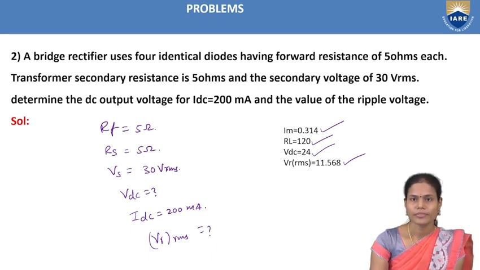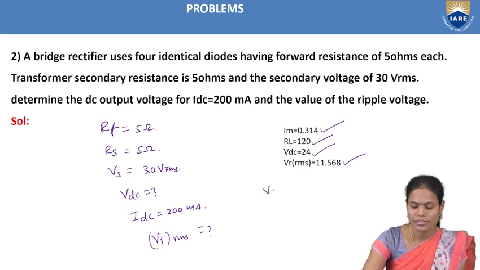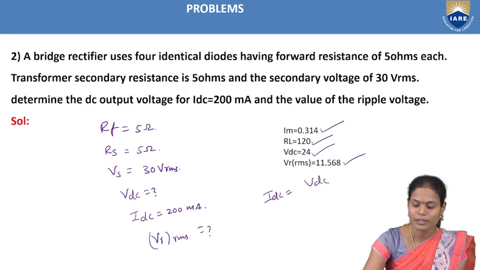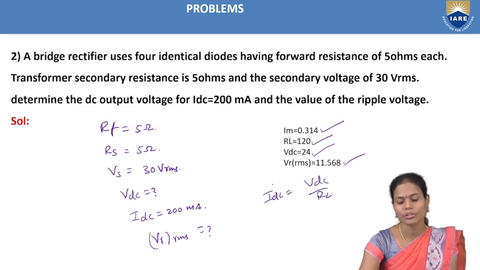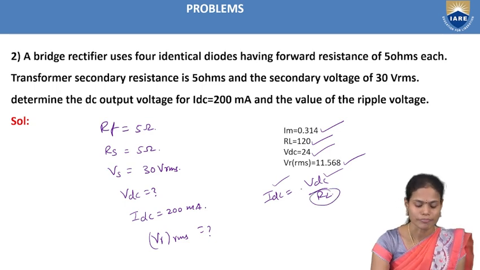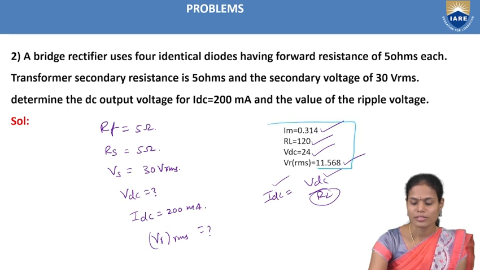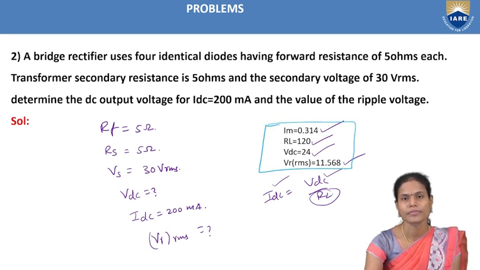And to find the load resistance value, again you can utilize IDC equal to VDC by RL. So here we know the IDC as well as the VDC value. You can calculate the RL value easily. These parameters are the answers I have given here for reference.